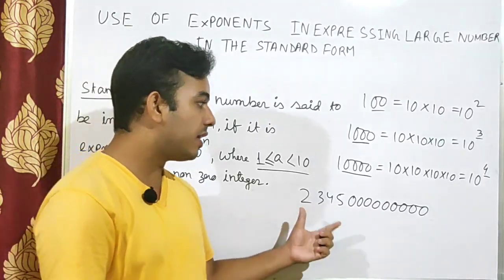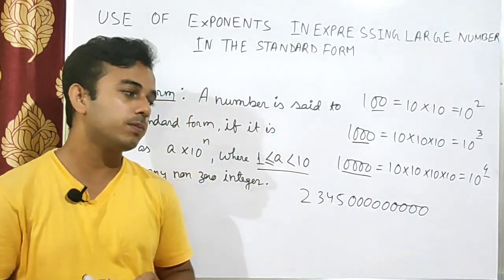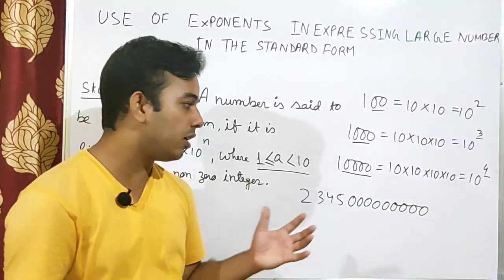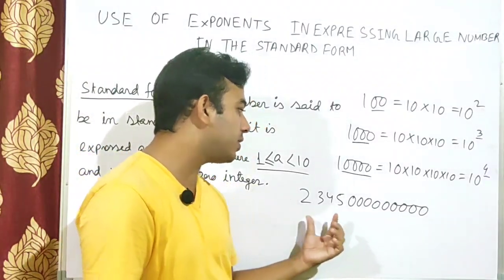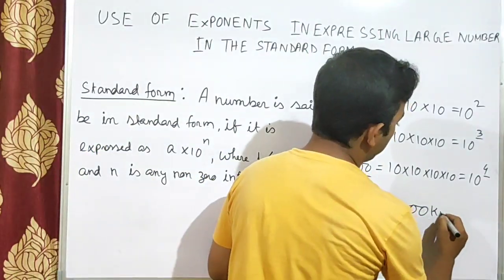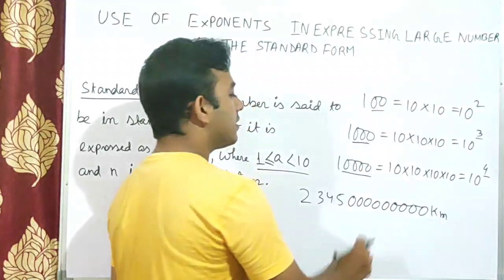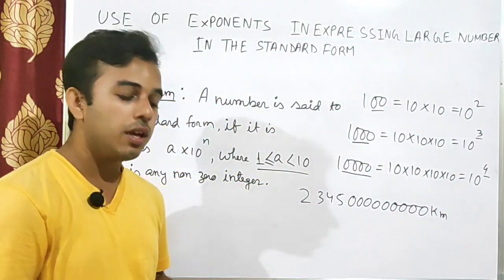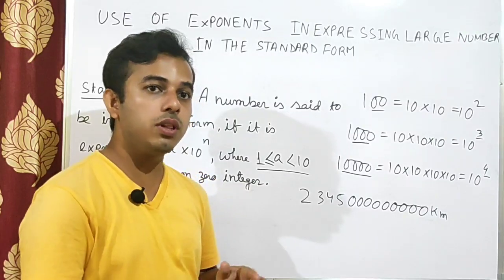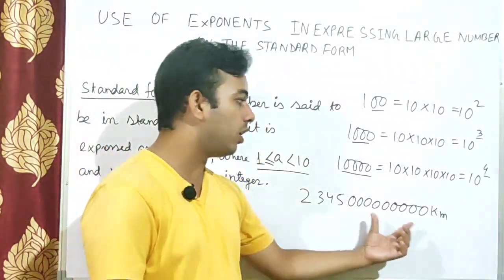This large number comes up, for example, suppose this is the distance between Earth and our another planet Mars. Now will those scientists write all this long number?